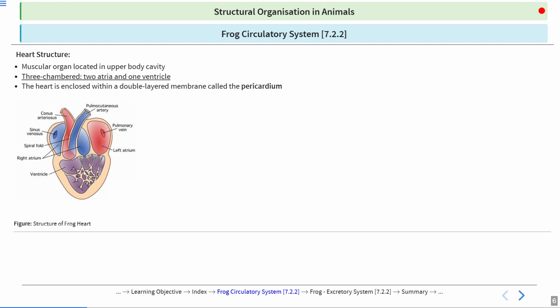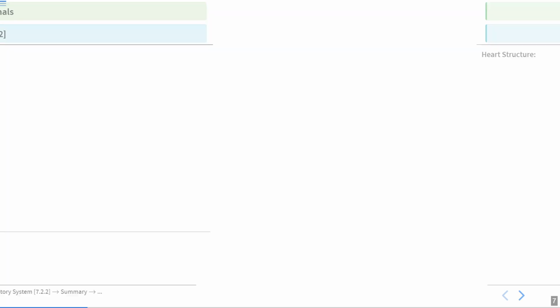As it goes to the lower ventricle, there is always impure blood there, so it gets mixed with the impure blood. That is why the ventricle has mixed blood, and this mixed blood is transported to every part of the body. We will see the detailed structure in the coming slide.